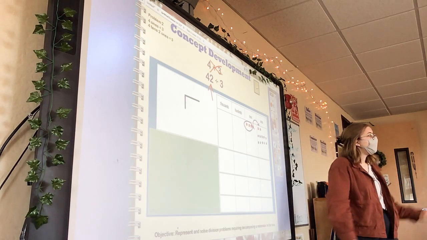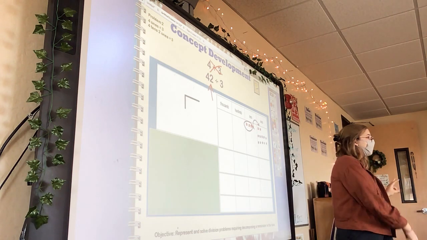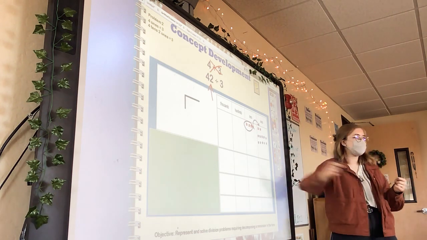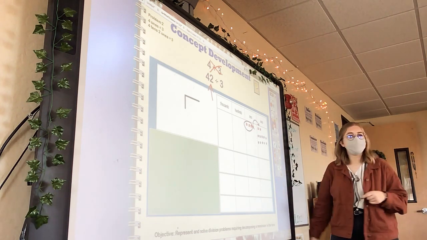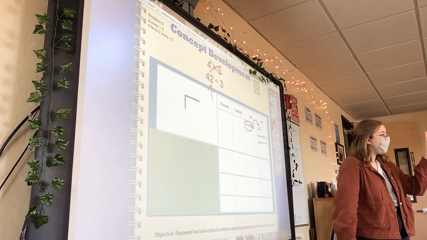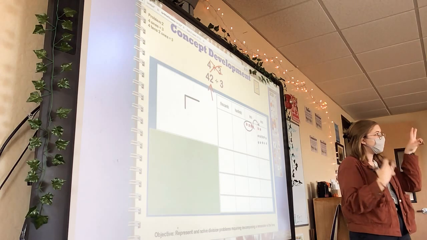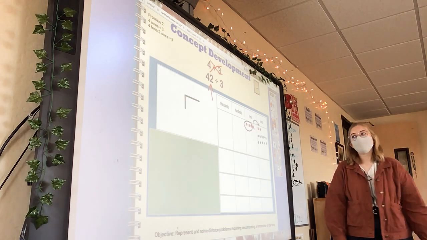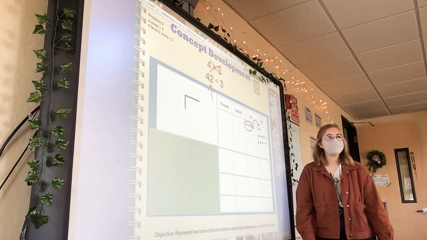So we had 2 in our ones place and then we added 10. So how many total dots should I have in my ones place? 12. Listen to what I'm saying. I had 2 in my ones place. I added 10. 2 plus 10 is 12. So I should have 12 in my ones place.